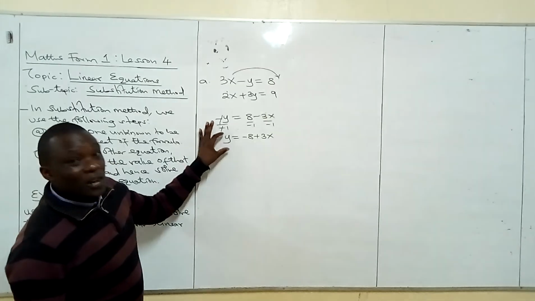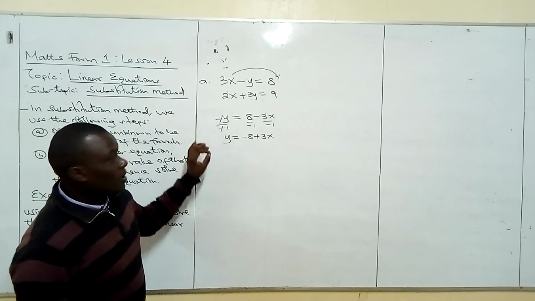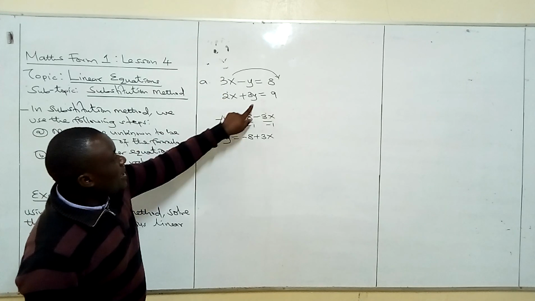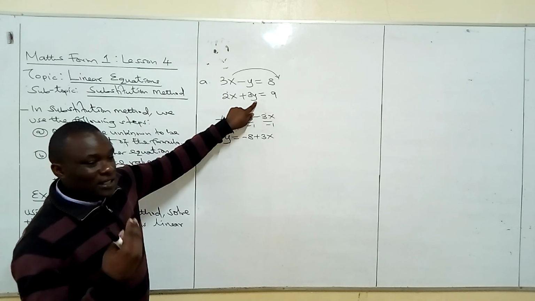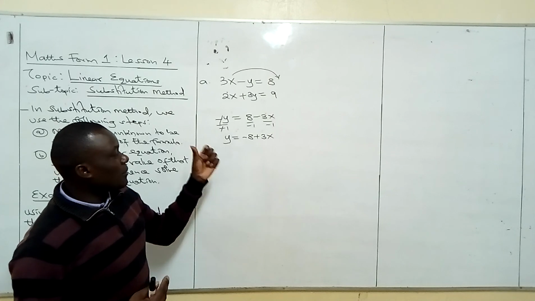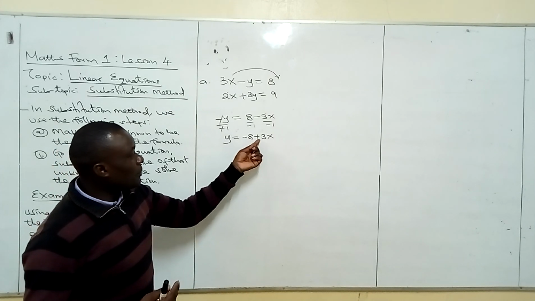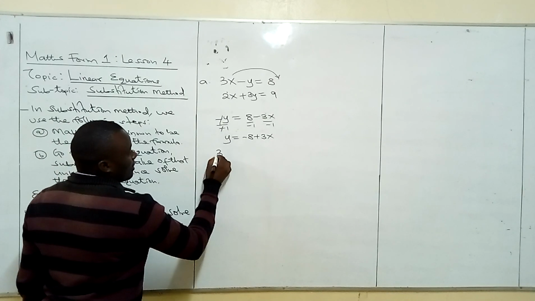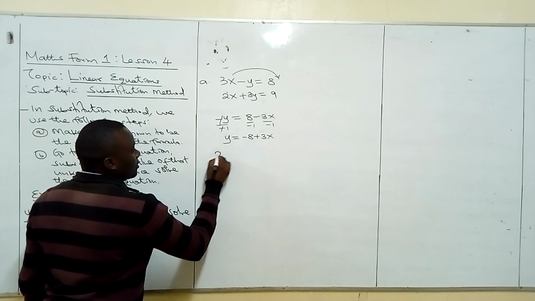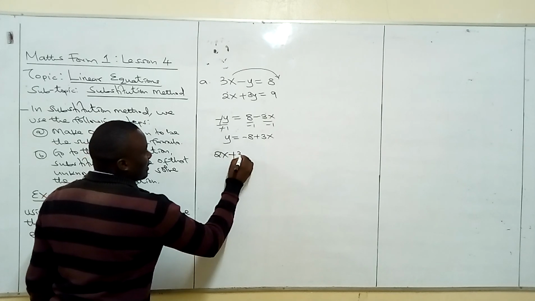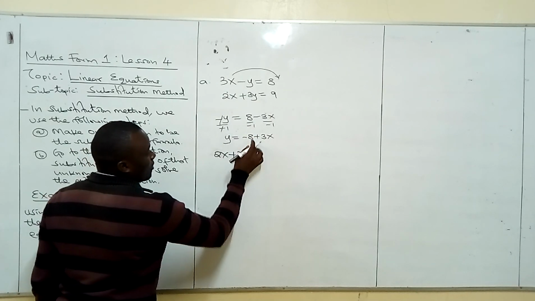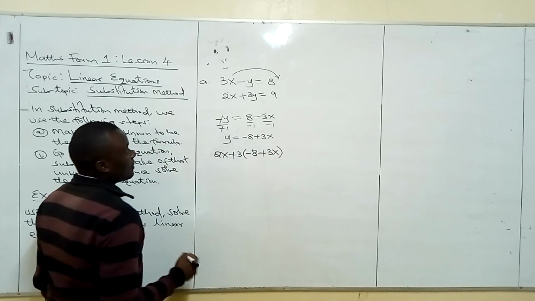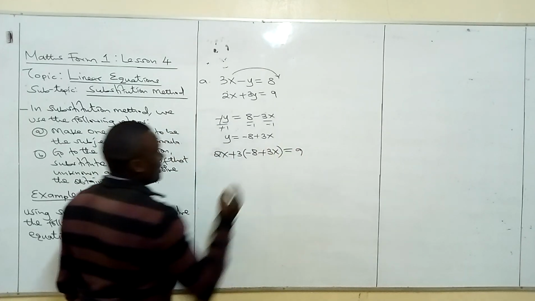Once we obtain the value of y, we go to the second equation. Whereas this y, we remove it, and instead we substitute it with minus 8 plus 3x. We have 2x plus 3 into y. I will now say minus 8 plus 3x, then is equal to 9.